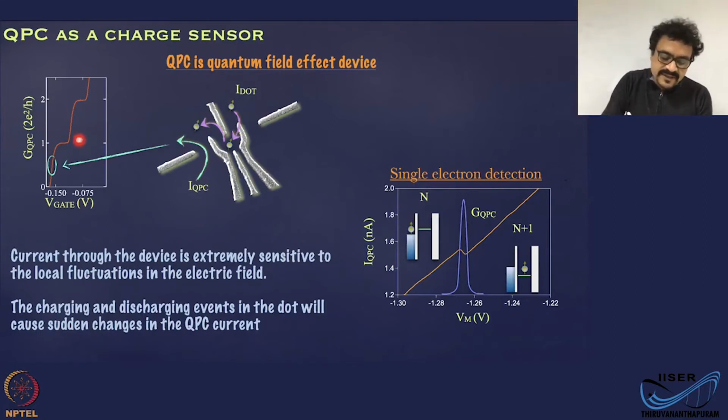And between the plateaus in the conductance, the current through the device changes very sharply. What that means is the device is extremely sensitive to local fluctuations in the electric field if you are around any of these steep regions between the plateaus.